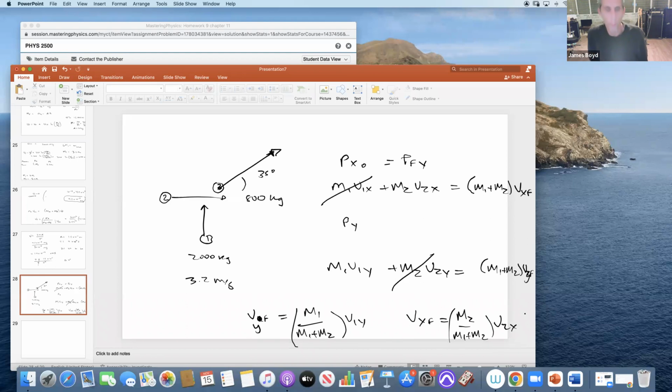Now, those two things end up being 35 degrees. So tan of the angle is V Y over V X, and we know that that has to be 35 degrees. We know what V2X is. We can find it from this equation right here.